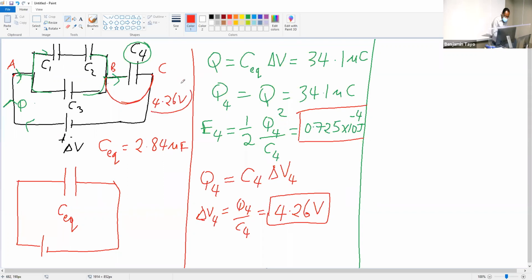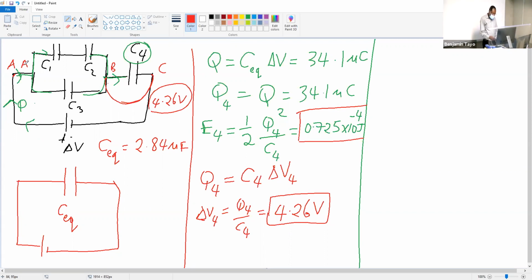So 4.26 is the voltage between point B and point C. Now, if 4.26 is the voltage between point B and point C, then it means that the voltage between point A and point B must be equal to 12 minus 4.26. So it's the total voltage minus the voltage across C4.